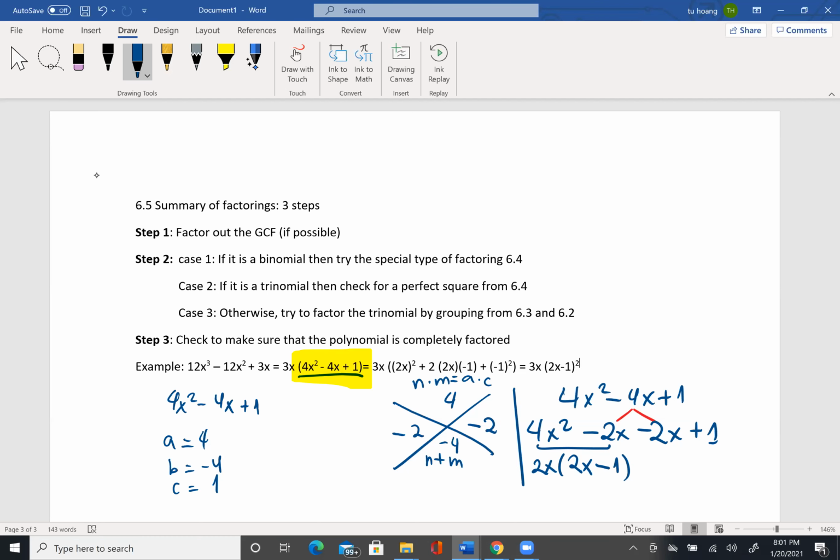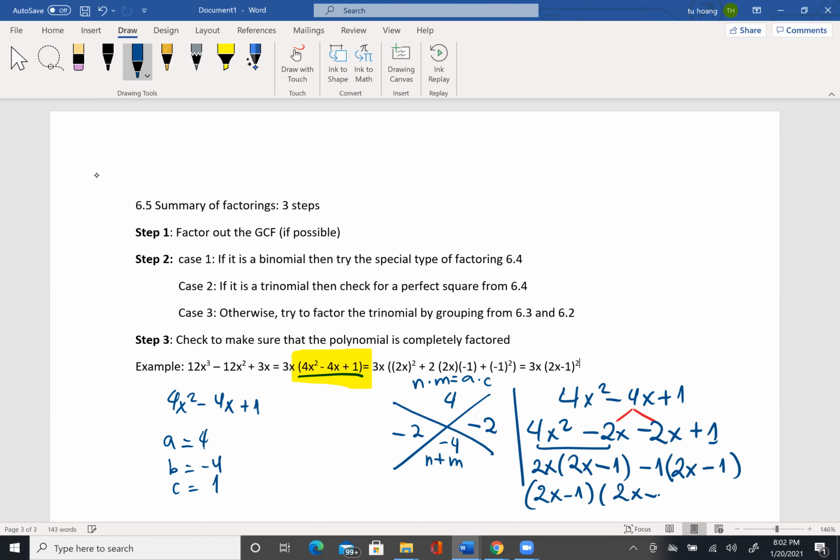Okay, for the next one, I would like to factor out -1. So then I have 2x minus 1. And you see that we have a common factor as 2x minus 1.